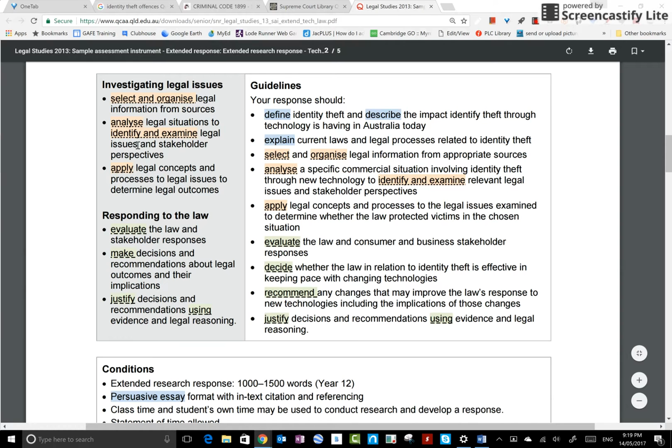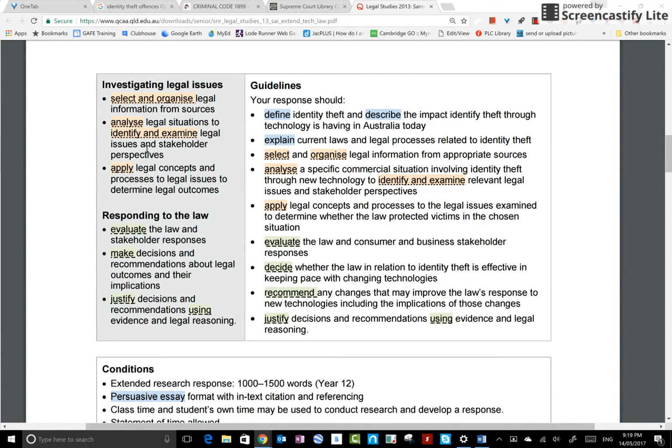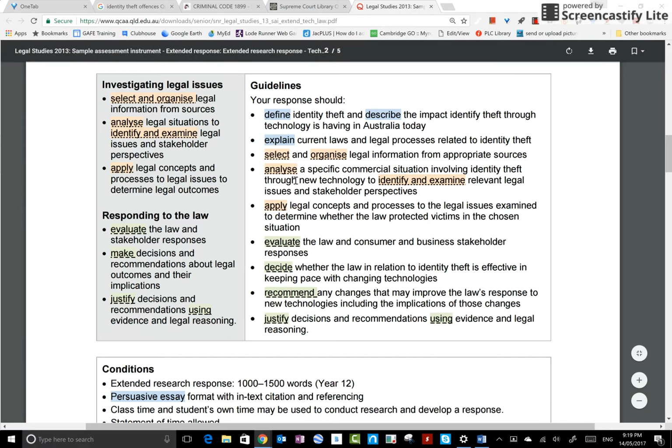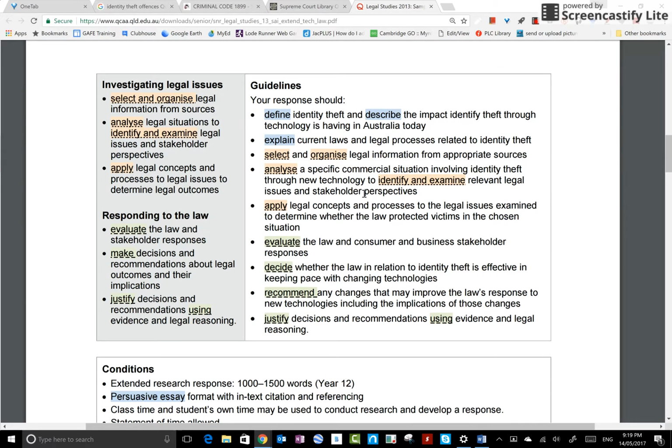When we come into the analysis of the legal situations, identify and examine the legal issues and the stakeholders' perspectives. So we're looking at these sort of questions. Select and analyse a specific commercial situation involving identity theft through new technology. So what do we mean by analyse?